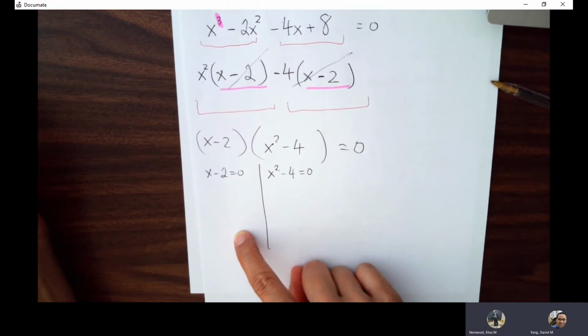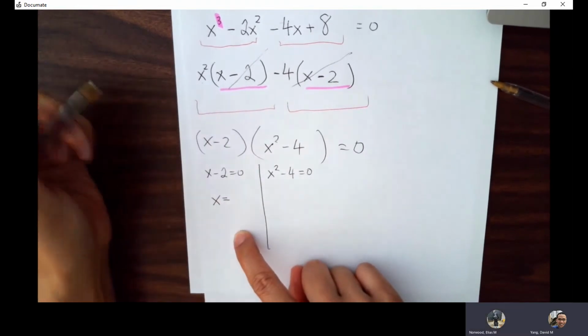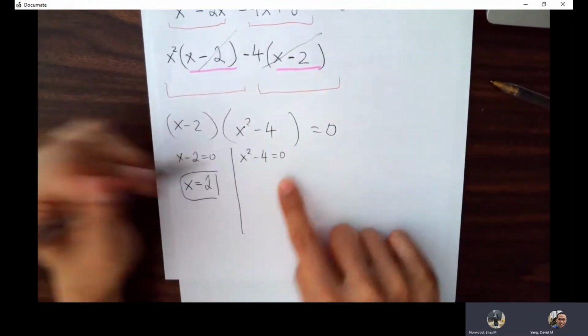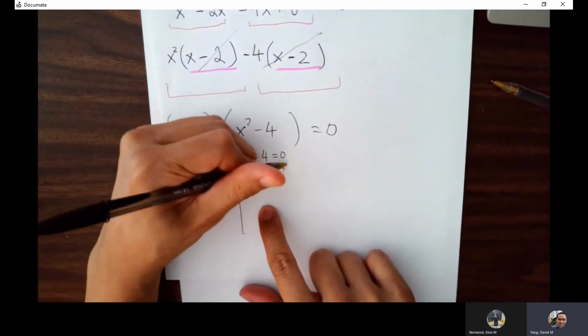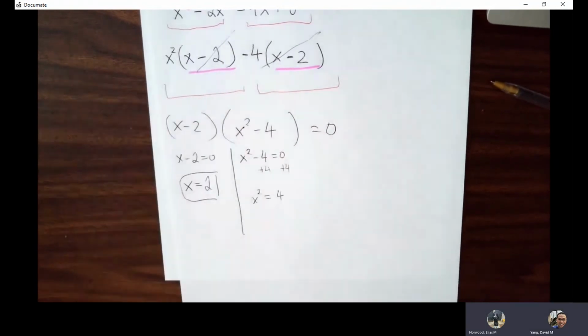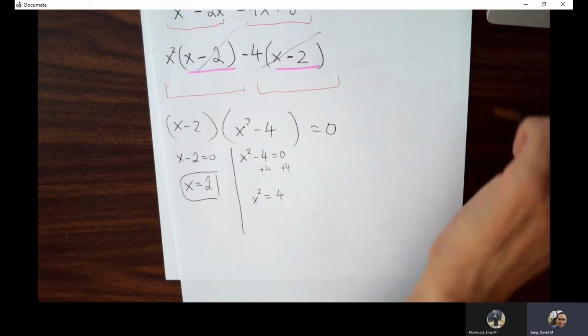You gonna add 2? X equals positive 2. You gonna add 4? X equals positive 4. X squared equals 4. What's next? You going to square root it?